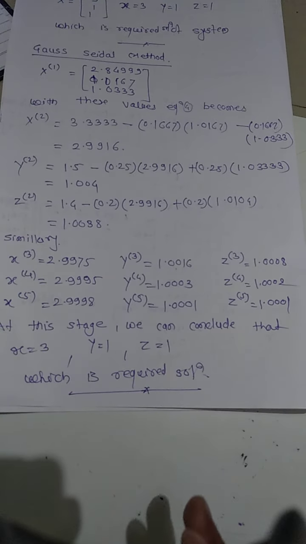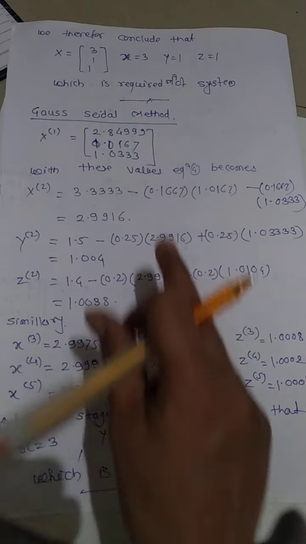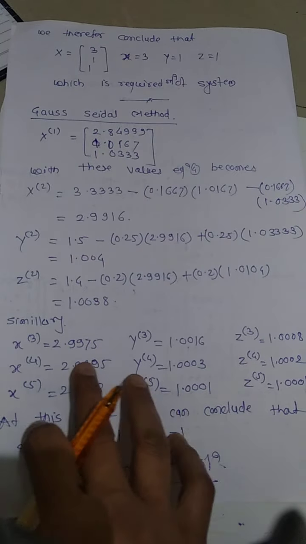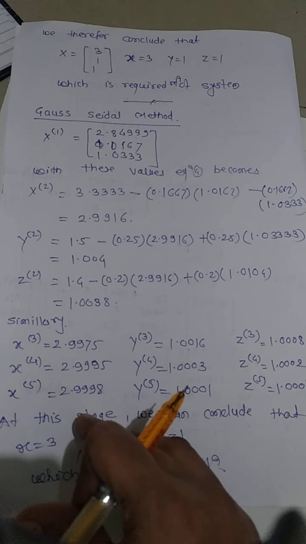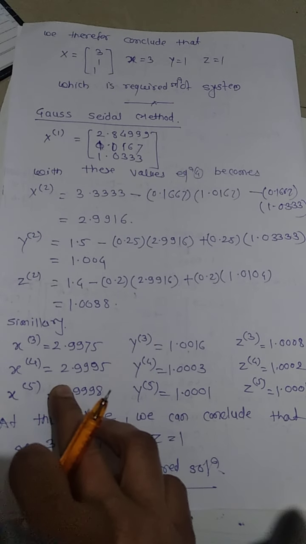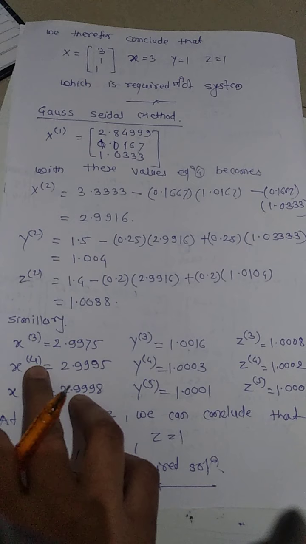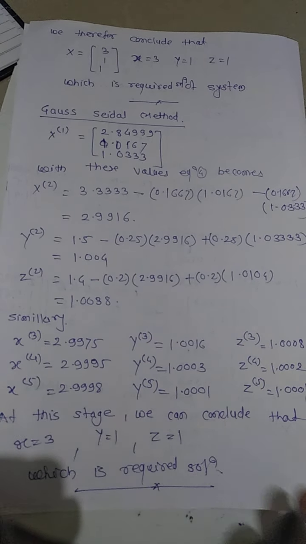The same problem is solved by two methods, first the Jacobian iteration method and second the Gauss-Seidel method. In these two methods, first find the value of x, y, z from the system of equation. Then by using these two methods, solve the problem. Thank you.